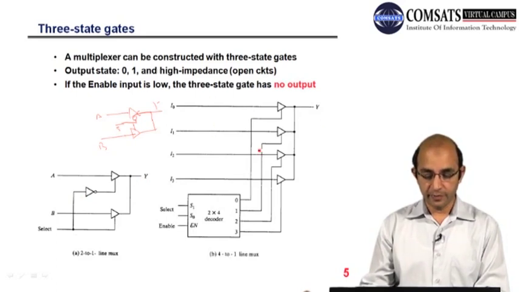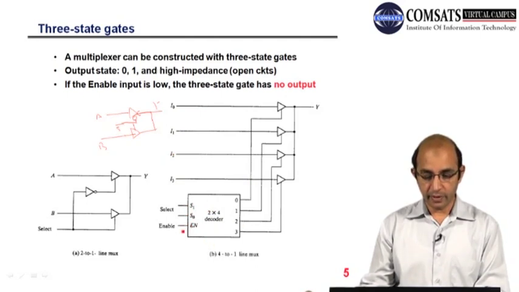So here we have a 2 into 4 decoder, right. So you can see we have I0, I1, I2, I3, right. We have two select switches and an enable.